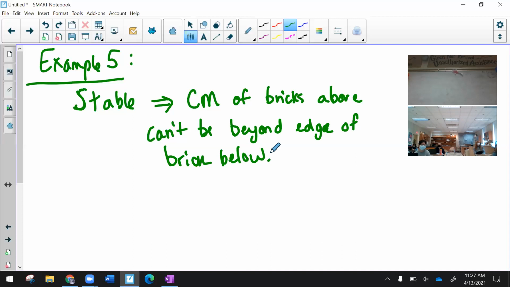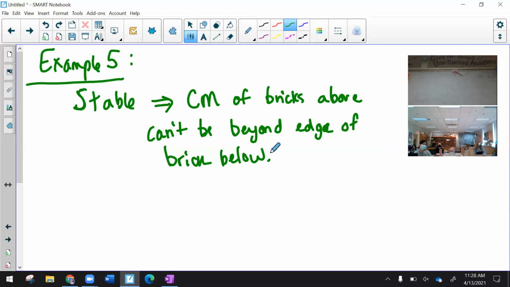So that's the important part: if you don't want something to tip, the center of mass has to be over the thing underneath it. Which is also a big part of falling, right? When you start to fall, like I tripped over my dog the other day, because she was over here and then she decided she was cutting in front of me. When you start to fall like that, the thing you're trying to do is get your body under your center of mass.